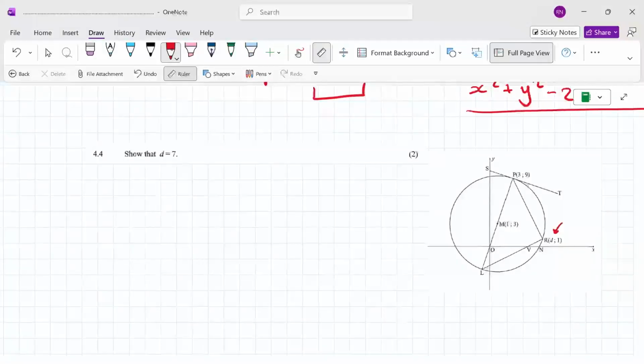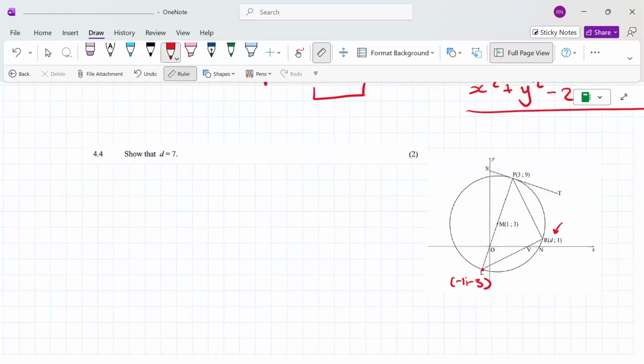And we want to show that D is equal to 7. We know that this point over here is -1 and -3. We are trying to find that D is equal to 7. Okay, how can we do that? How can we show that D is equal to 7?